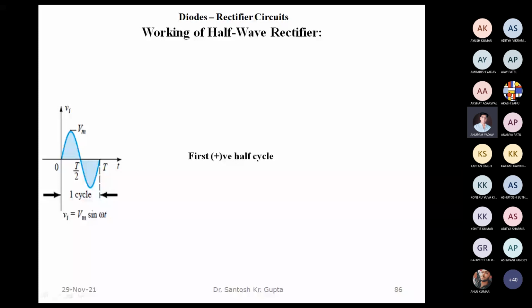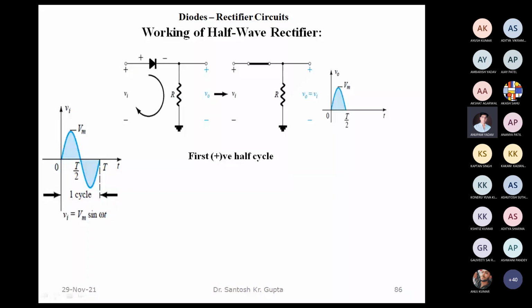Okay, so we can have some illustration here of what happens, because we have just learned how to analyze this kind of diode circuit. So we can employ those concepts here to analyze this half wave rectifier circuit as well.